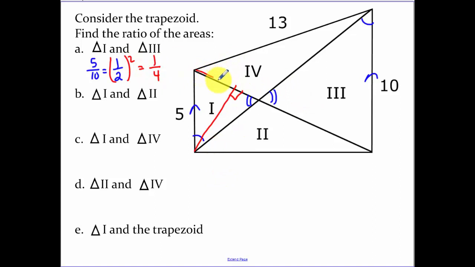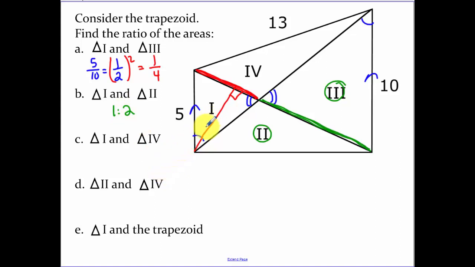So this side right here, in proportion to this side right here, since this side that I'm highlighting in green is also in triangle 3 and 2, the ratio of their sides is 1 to 2. Because it's the scale factor between the two similar triangles of 1 and 3. This green side is the base in triangle 2, the red is the base in triangle 1, so my ratio is 1 to 2.